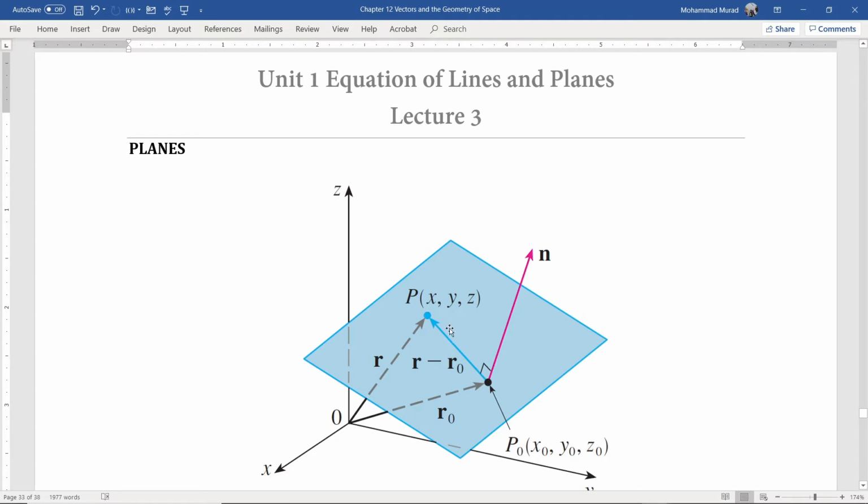So we have the dot product of the normal vector with the vector r minus r sub 0 equal to the scalar 0.